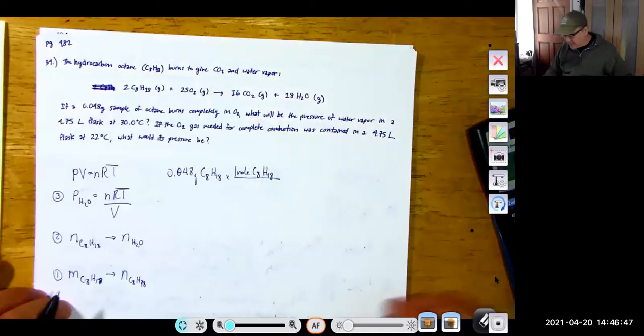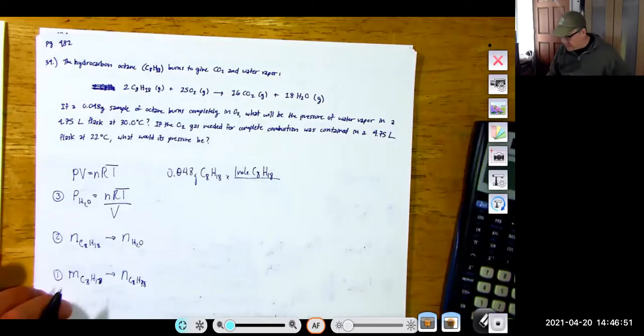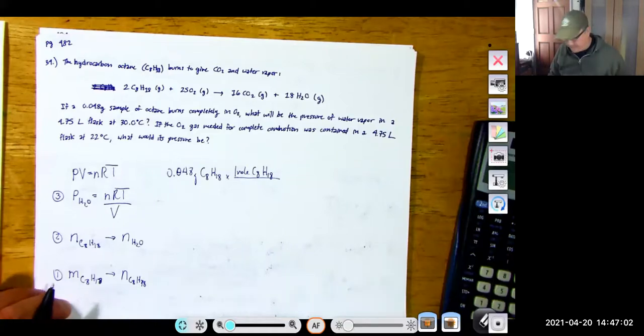And the molar mass of C8H18 is going to be 8 times 12.01 plus 18 times 1.008.